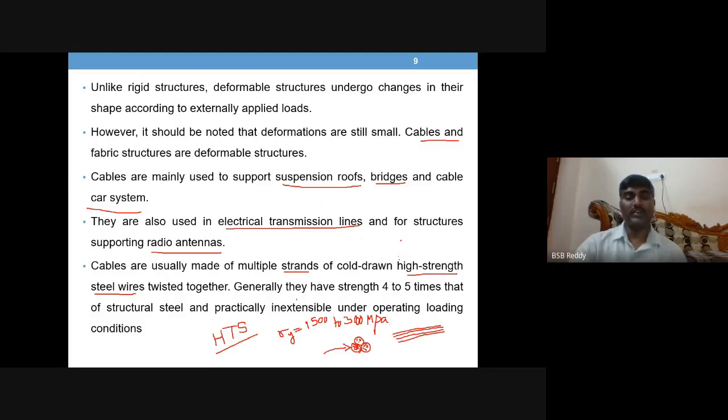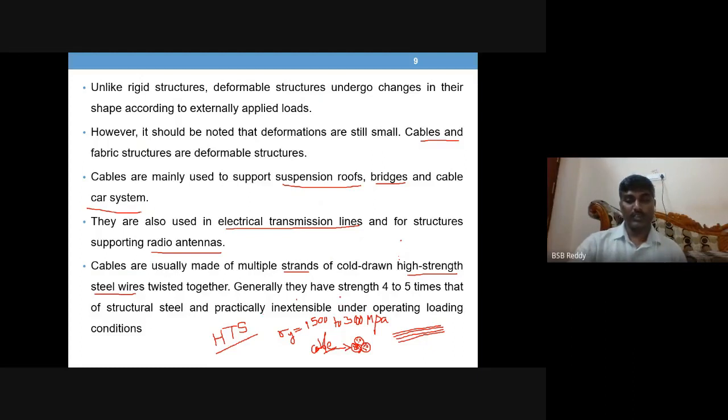Some 3 strands or 4 strands twisted together will form a cable. Cable is not just a single wire as it sounds like. Cable consists of strands. Strand consists of HTS wires, right? So that is how it is.